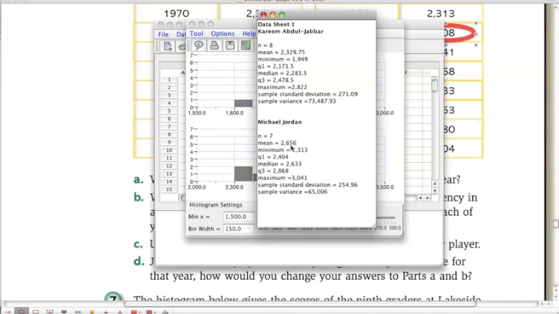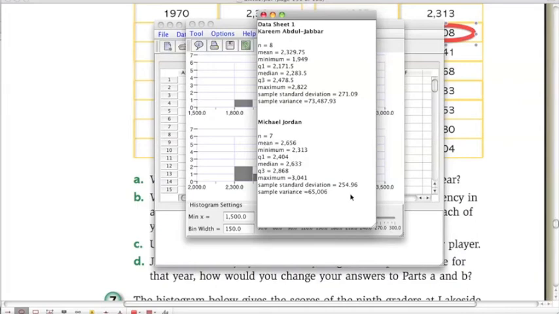When we took out that outlier of 408, Michael Jordan's mean jumped from 2375 up to 2656. When you add them all together and you divide by how many you have, in this case it's 7, not 8 like we had before, you get a different mean, and it's much higher now than Kareem's. Before it was a little bit higher, now it's much higher.